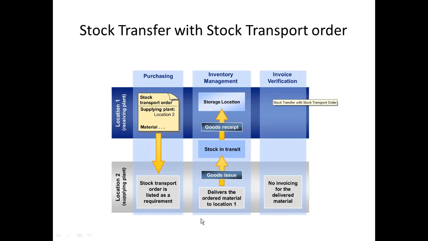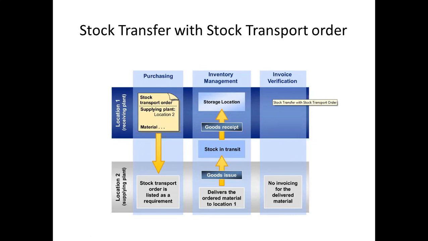And since it is an internal movement, done within the same organization, there is no invoice generated for that. So this is about the stock transport order, and we'll learn about this in detail later when we do inventory management.